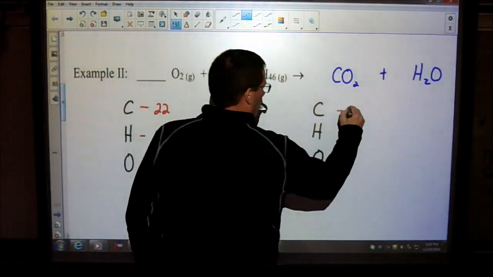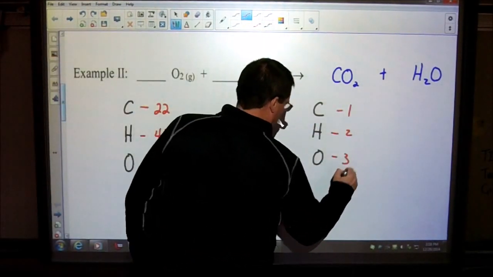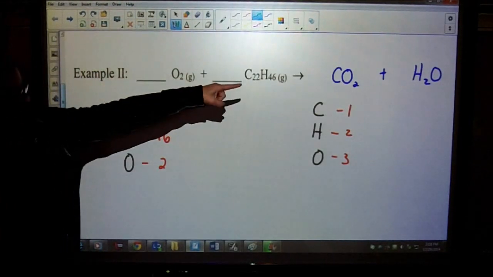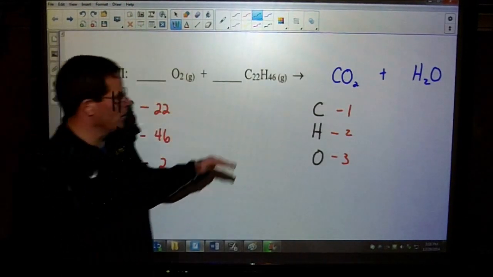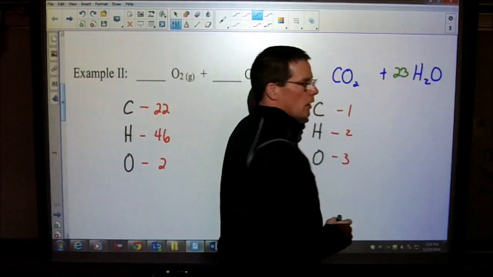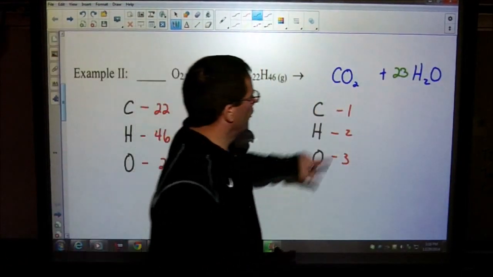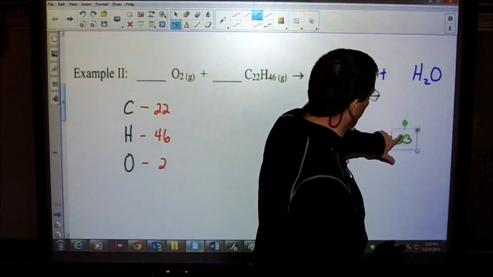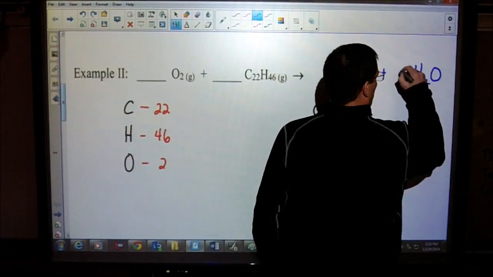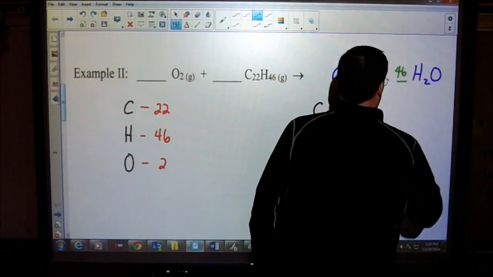On this side, we have 1, 2, and 3. So again, start off with your water. We have 46 over here. If we want to get 46 over here, we would put a 23, but a 23 is an odd number. So we need to use an even version of that.